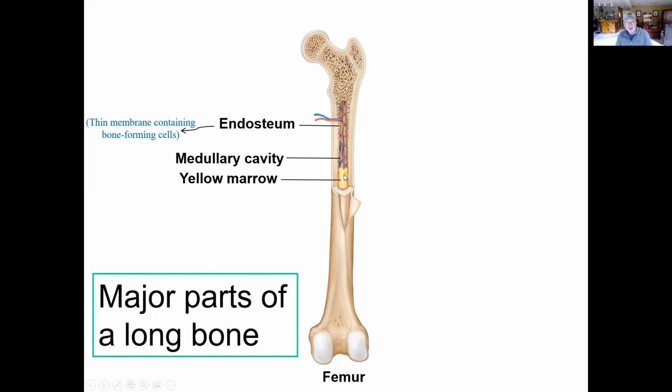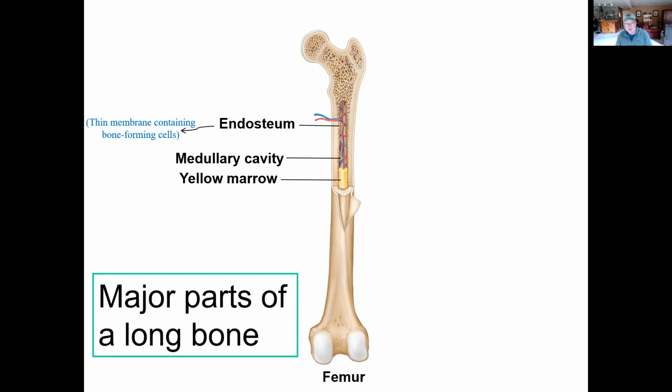The last thing I want to mention on this slide is the fact that when you look at the inner lining of the medullary cavity, it would be right next to the spongy bone. So you've got periosteum, compact bone, then a little bit of spongy, then you have this membrane that lines the medullary cavity called the endosteum.